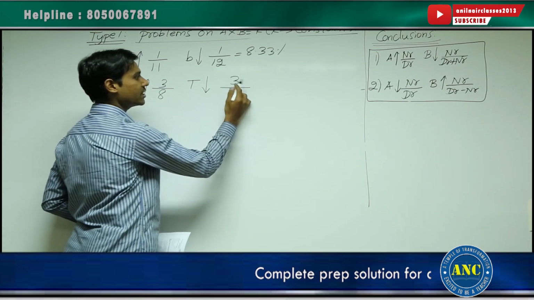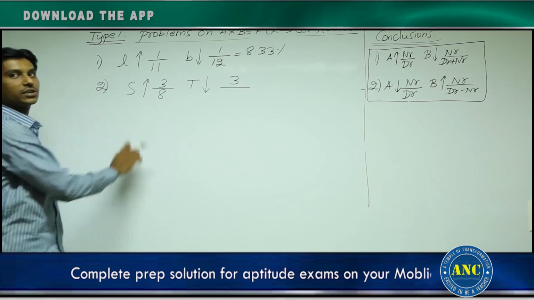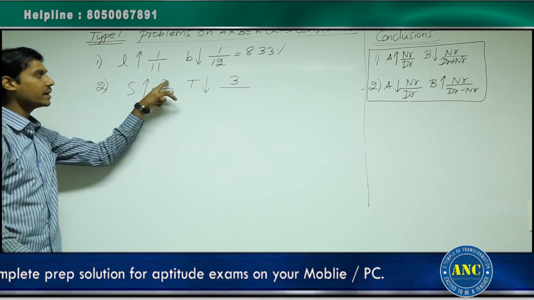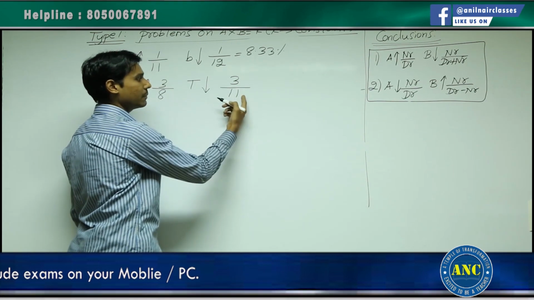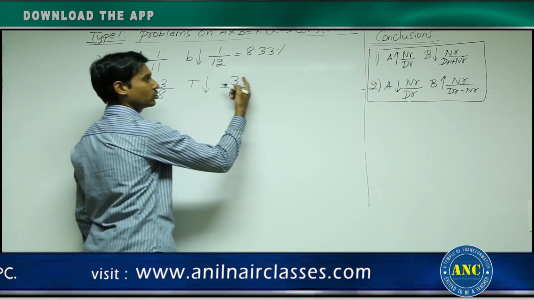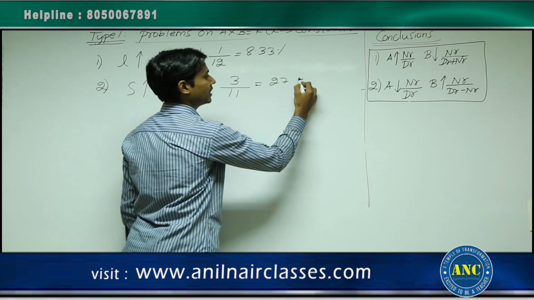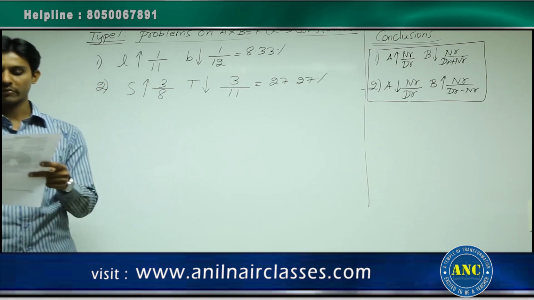First of all, no change in numerator. Denominator is 8. Question consists of increase, so increase the denominator by numerator. What is 8 plus 3? 11. Denominator should be 11. 3 by 11. If the denominator is 11, answer should be a multiple of 9. 9 into 3, 27. Answer is 27.27%. Clear with the approach?